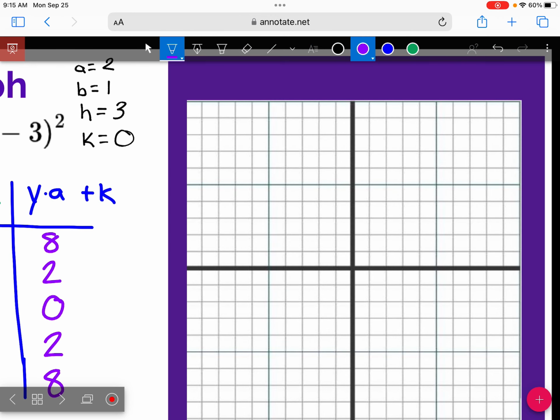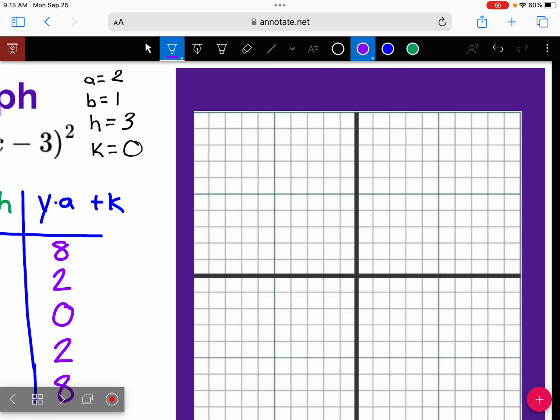And then we have these graphs. Then we plot up our points. So how are we on the table? 1, 8, 2, 2, 3, 0, 4, 2, and 5, 8. Something like that.